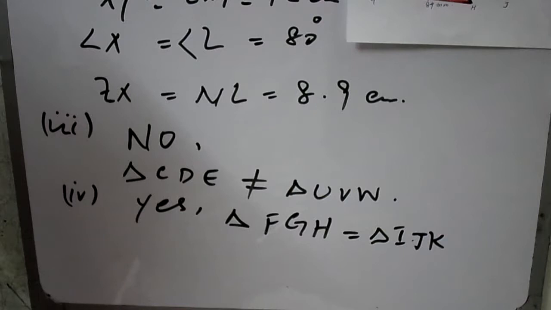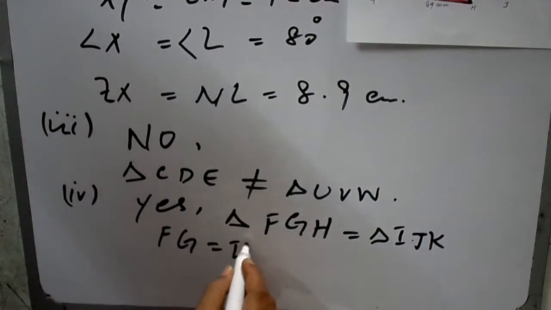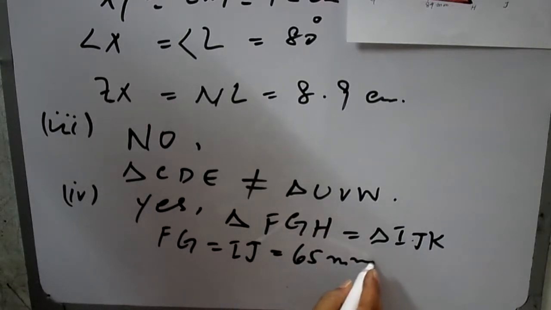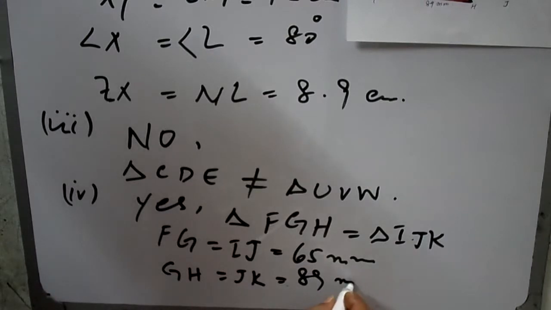Why? Because you can see the sides, that is FG is equal to IJ, which is equal to 65 millimeter. Then GH is equal to JK, which is equal to 89 millimeter. So we can say that both the triangles are similar to each other.